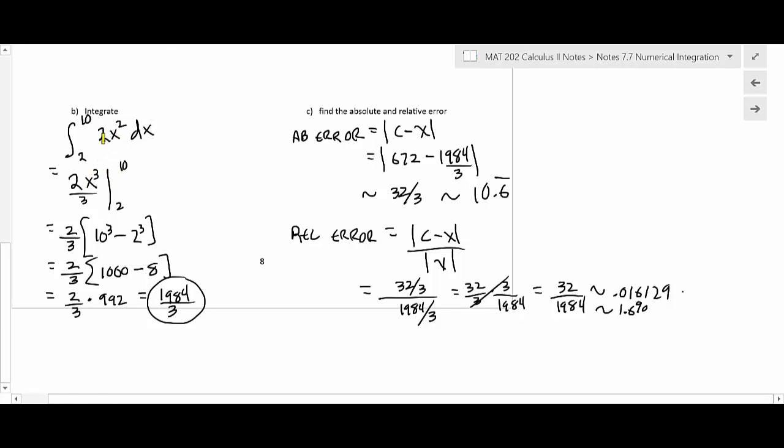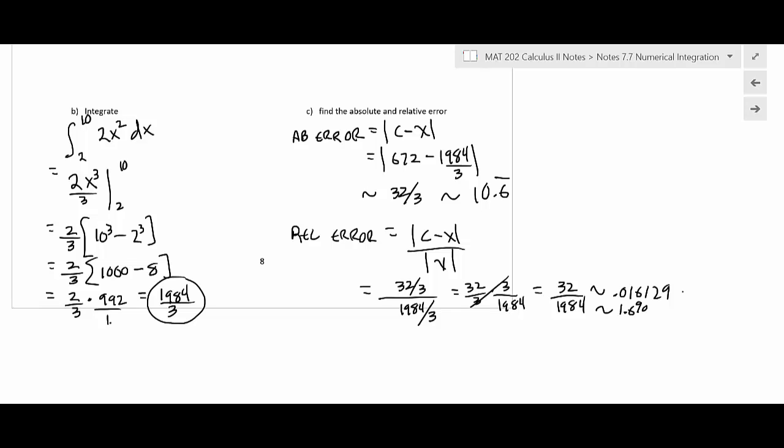The antiderivative is 2x to the third over 3, evaluated from 10 to 2. So I just ended up doing 10 to the third minus 2 to the third, factoring out the 2/3. And then if I multiplied that out, I got 1984 over 3. Now you could change that to a decimal, but that's good enough. When you get an answer like that, you don't need a decimal.